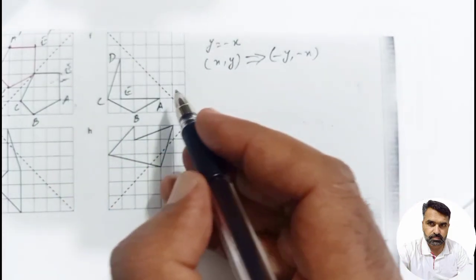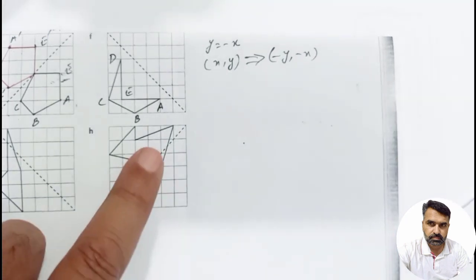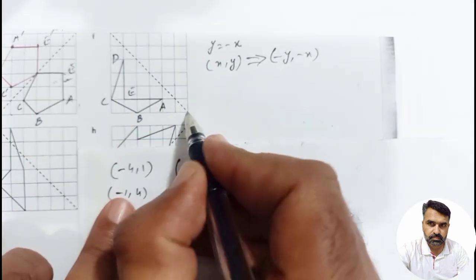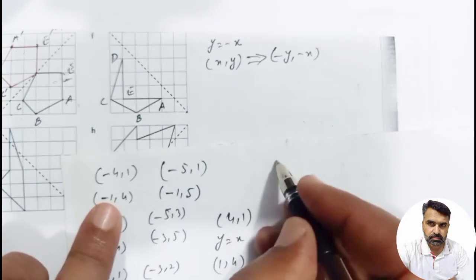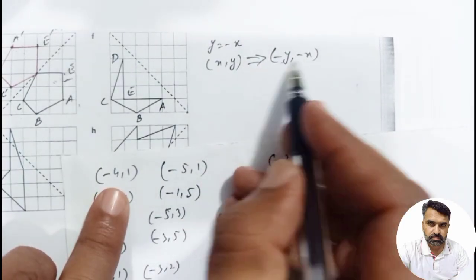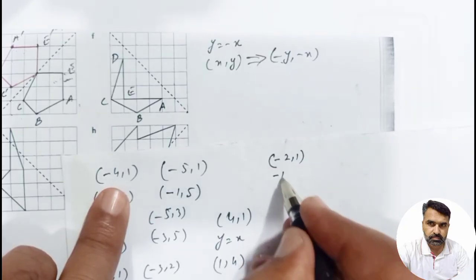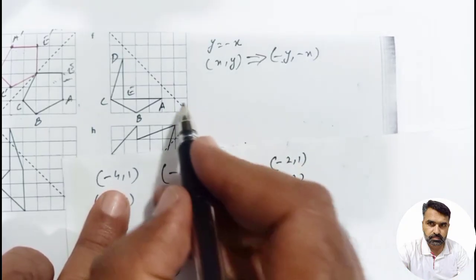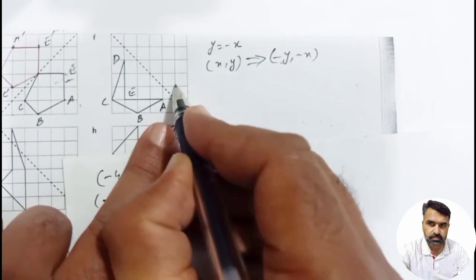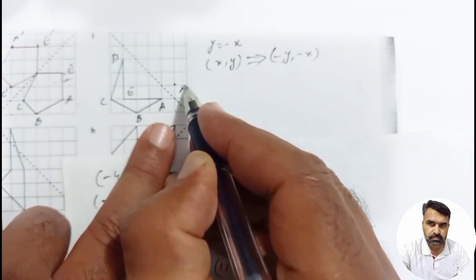Now students, look at the coordinates of A. The coordinates of A are -2 and 1, and when we change according to this law, it will become -1 and 2. This point is A prime.